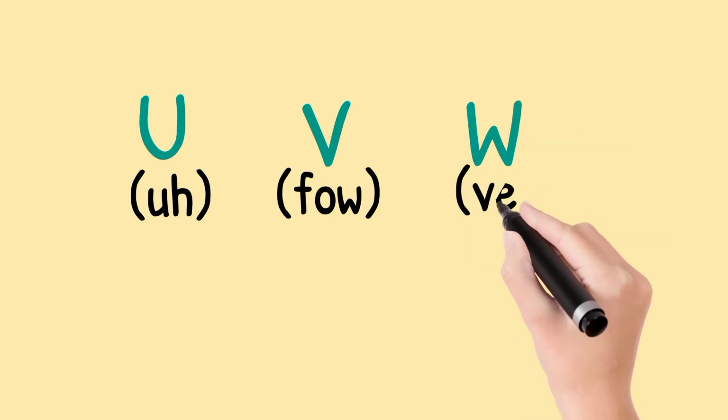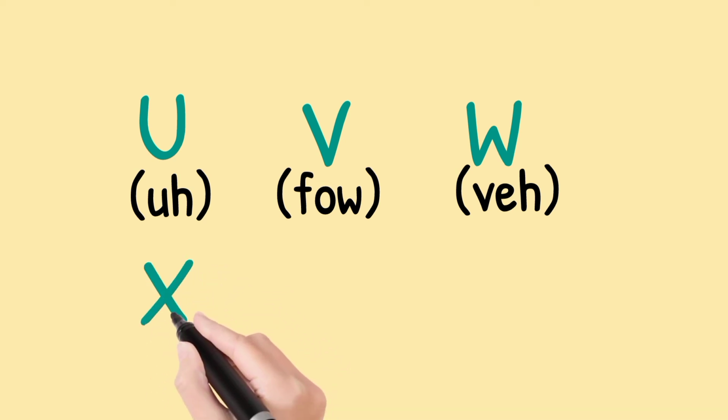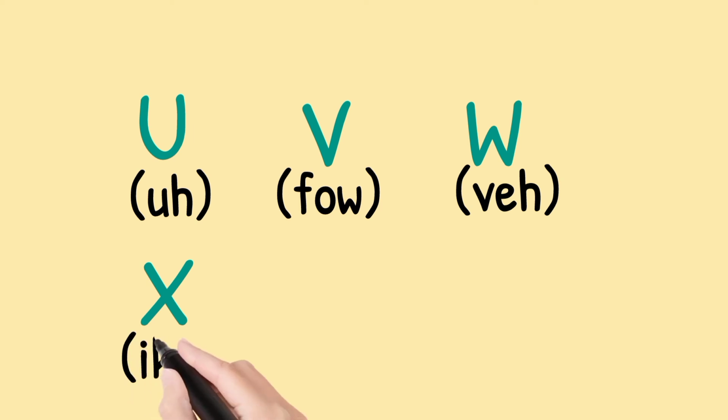Next one is W, not W. It's V. In the next videos I will also show you some words, like Wasser. Wasser means water. Next one is X. You have to speak the same way I'm speaking.